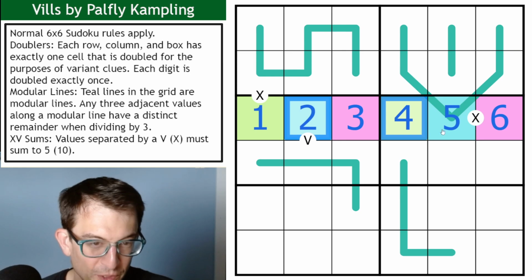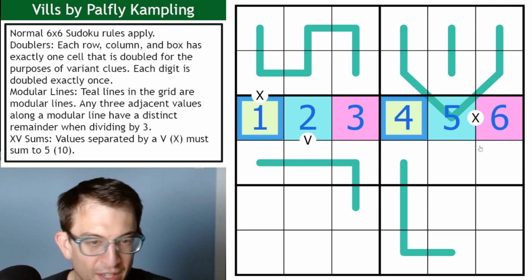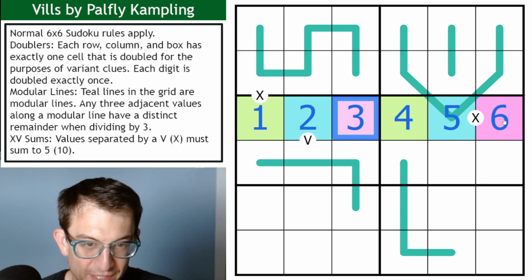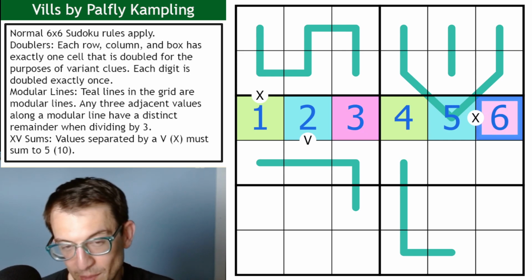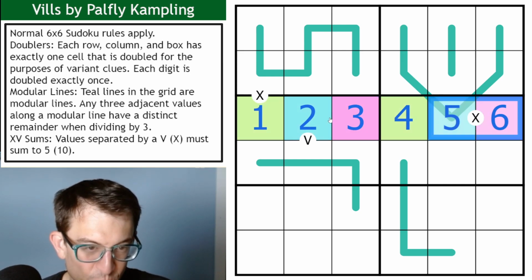So 2 turns into 4, which is green. 5 turns into 10, which if I kept going 1, 4, 7, 10, is in the green group as well. So blue and green switch places when they're doubled, whereas 3 and 6 stay pink, right? 3 would double to 6, which is pink. 6 doubles to 12, which also has a remainder of 0. So blue and green are going to switch places, 3 and 6 are not.